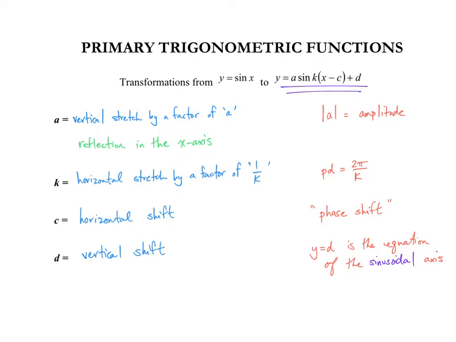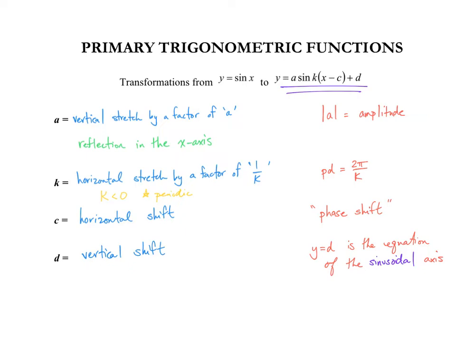It should go without saying, but I don't want to make any assumptions, that we don't have to be concerned about a k value being negative because it's a periodic function. That is, your sine and your cos graph will repeat over and over again. And so the idea of reflecting it in your y-axis is never needed.